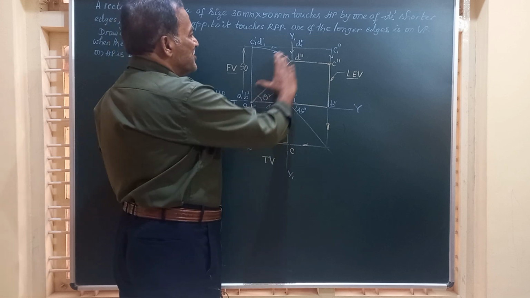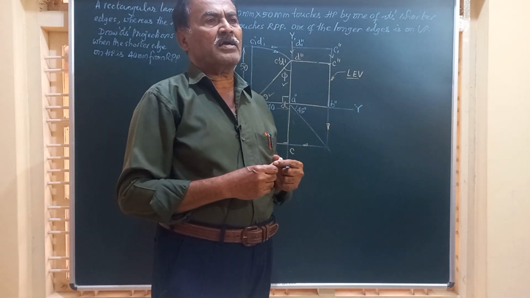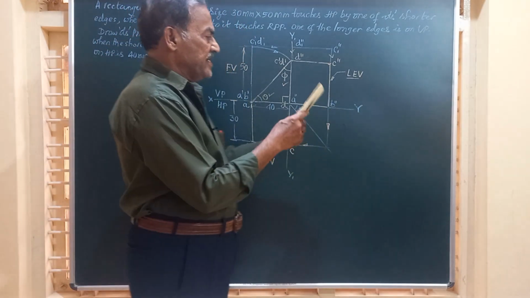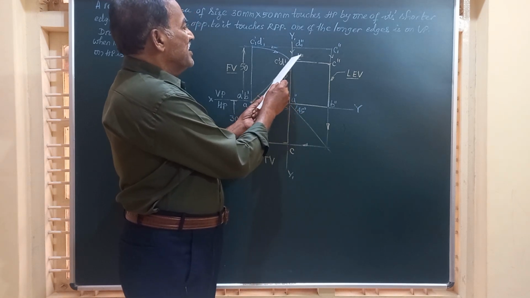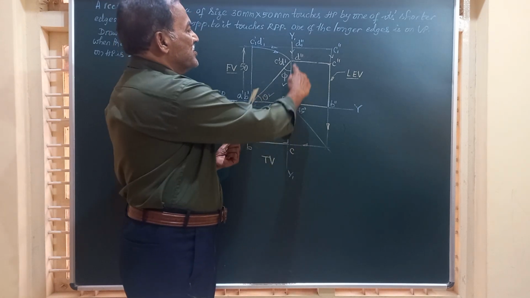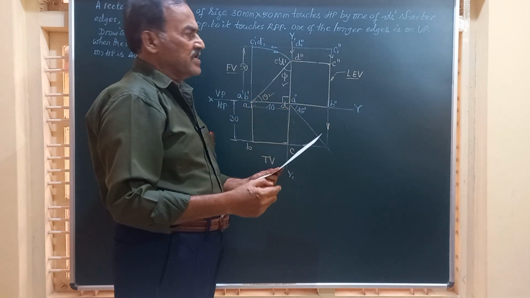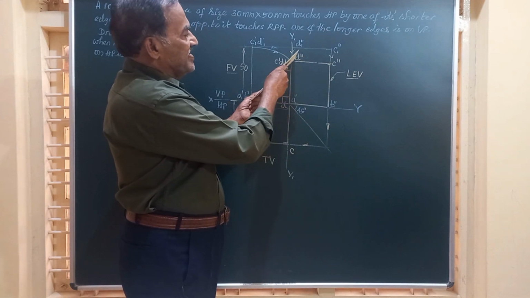And friends, this is how we obtain the complete projections of the lamina, which is resting on HP on one of the shorter edges. This is a shorter edge on HP, and in the end view you see a rectangle, in the top view you see another rectangle, and in the front view it is going to be a line like this.